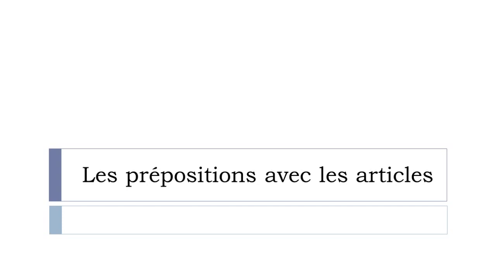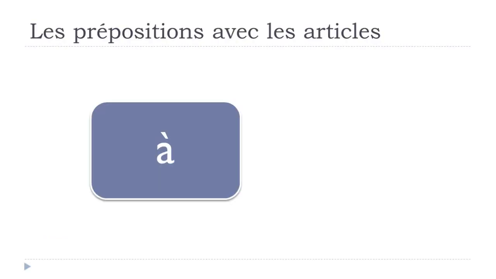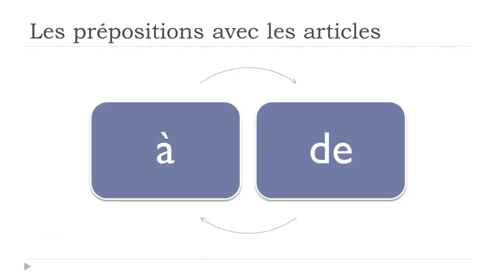Okay, so first in this video we'll work on à and then de, and especially when you combine these two prepositions with articles. So we'll see first the indefinite, les articles indéfinis, un, une, des, and after that we'll see les articles définis, le, la, les.